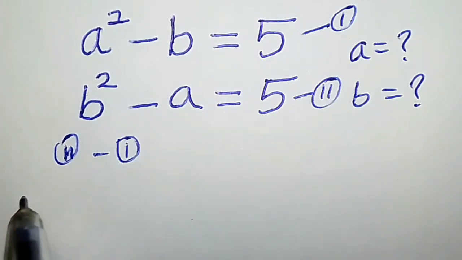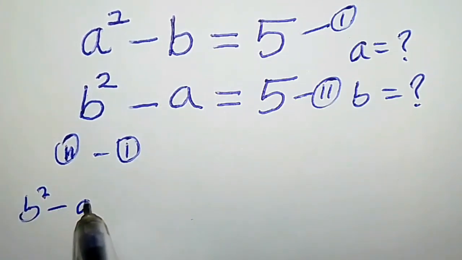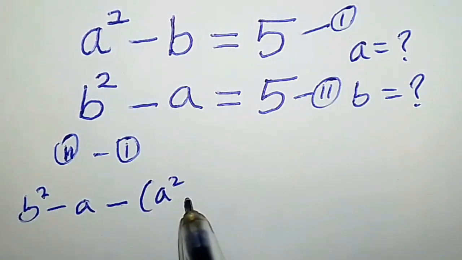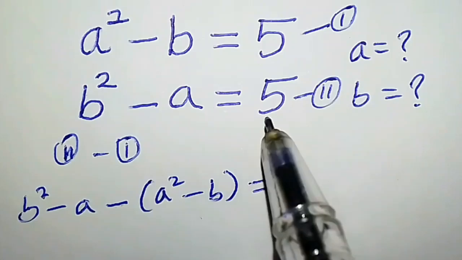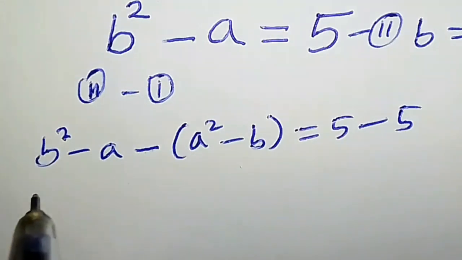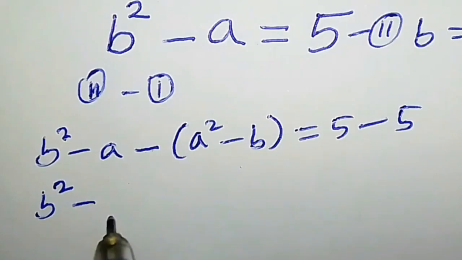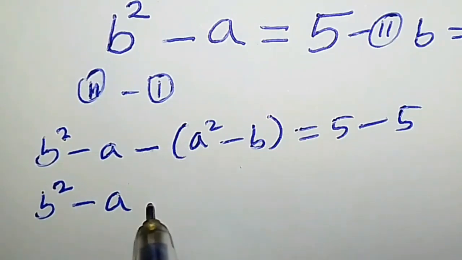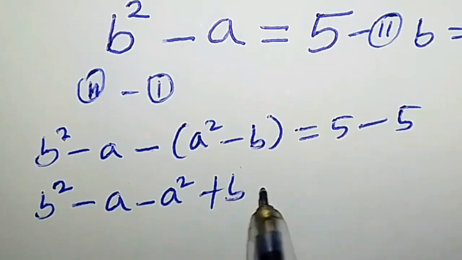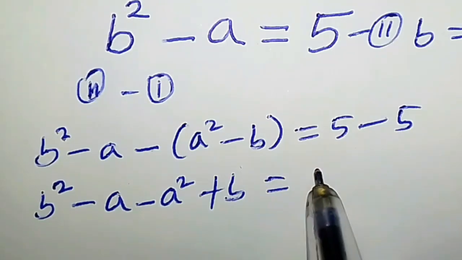This becomes b² − a minus the left hand side a² − b equal to 5 minus 5. So we have b² − a, minus times a², that is minus a², minus times minus b, that is plus b, equal to 5 minus 5, that is 0.